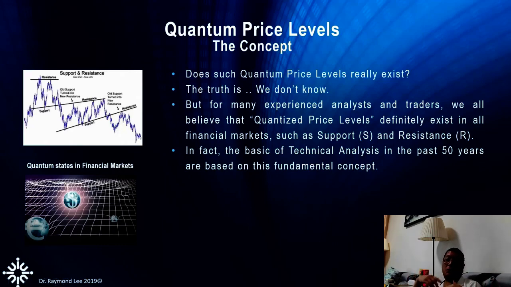Which means in terms of trading nowadays, our belief is S and R are just price levels that can give you some guidelines for where the price can stop, in either direction. But before that, it will stay at that particular level for a moment and wait for the next stimulus in either direction.